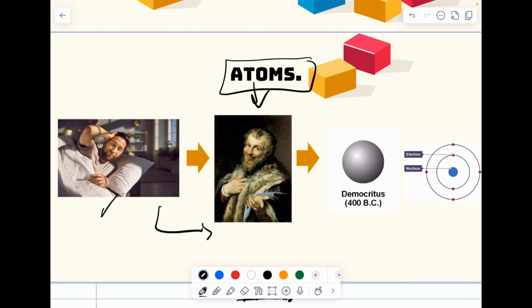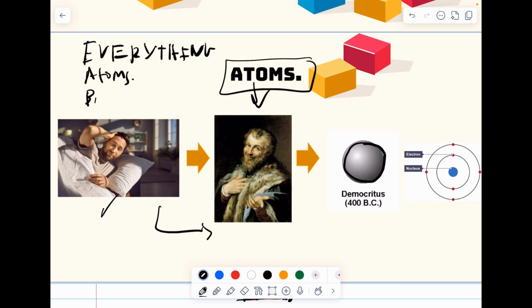So I'm made up of atoms, you're made up of atoms, the pen I'm writing with right now is made up of atoms, the chair you're sitting on is made up of atoms. Everything, absolutely everything, is made up of these spherical little balls called atoms. Okay, and he said they are the building block for everything.